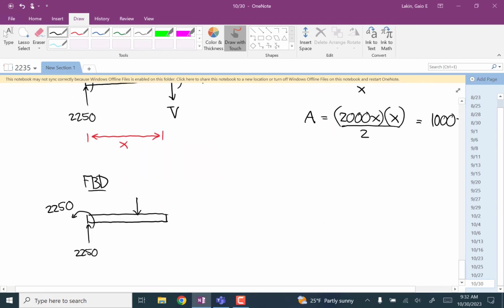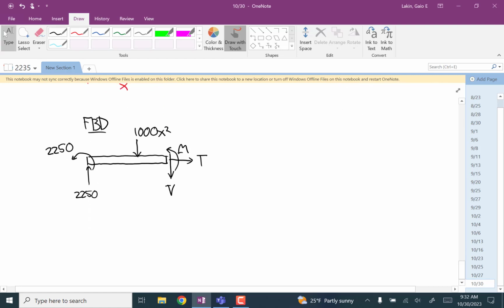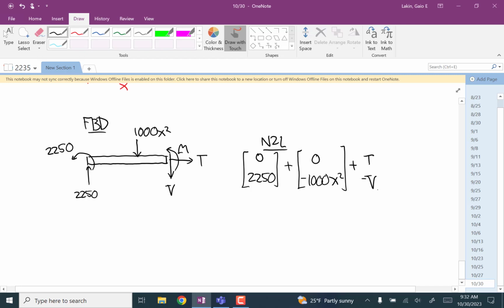So now we have this downward force of 1,000 x squared, and the internal loads. Newton's second law says 0, 2250 plus 0, negative 1,000 x squared, plus t, negative v, is equal to zeros.